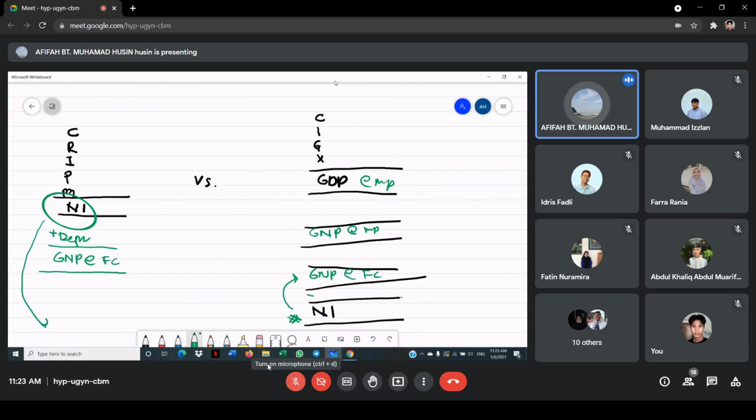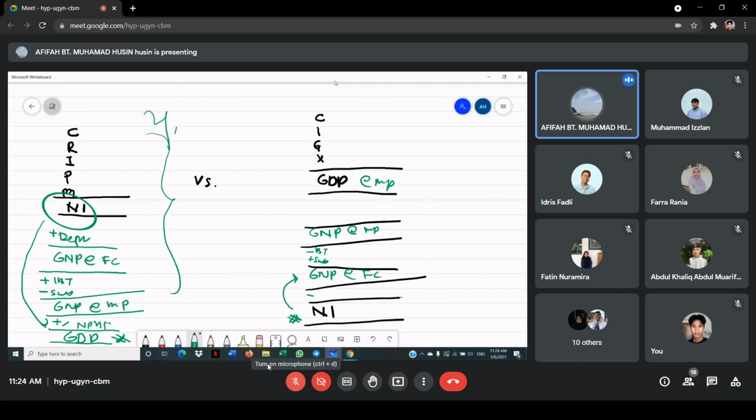Yang kat sini minus, yang ni minus IBT plus sub, dia akan jadi plus IBT minus sub, will give you GNP at market price. And then plus minus net property income from abroad will give you GDP. Ni dapatlah GDP. So this is GDP by using income method.